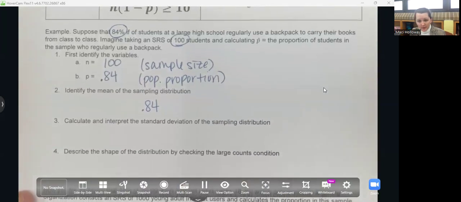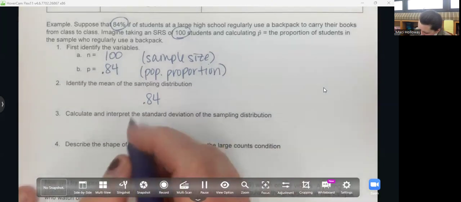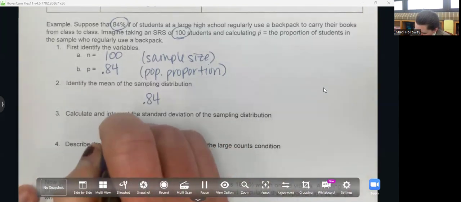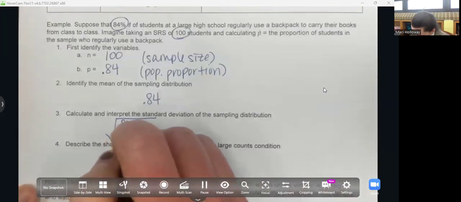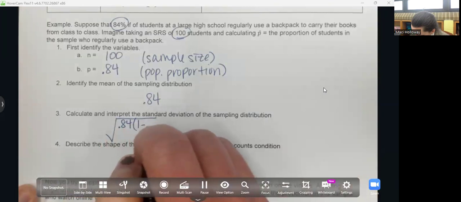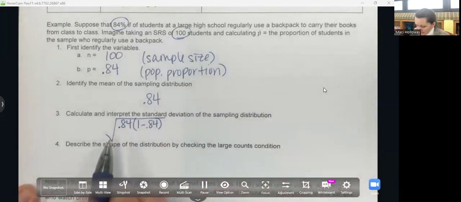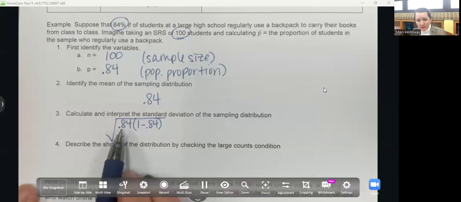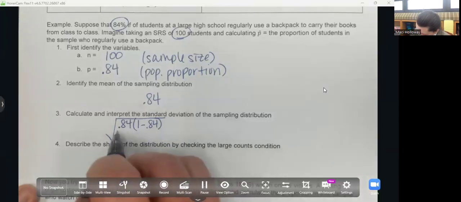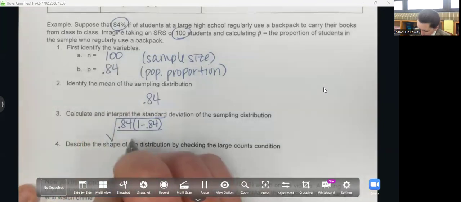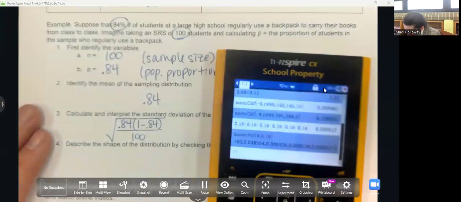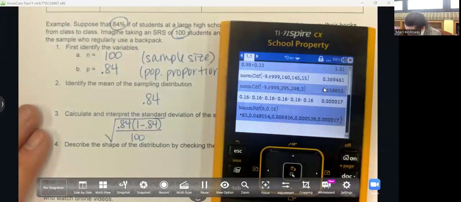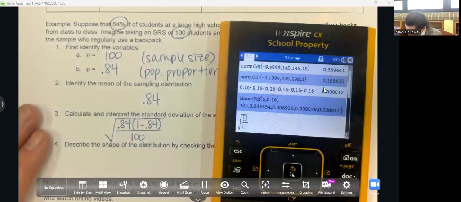Calculate and interpret the standard deviation of the sampling distribution. Let's do this by following our formula up at the top. I'm going to do the square root of p, which is my population proportion, 0.84, times 1 minus p, which is 0.84. So that's the probability of having a backpack times the probability of not having a backpack, divided by my sample size, which is 100. We can put this in our calculator: 0.84 times 1 minus 0.84.